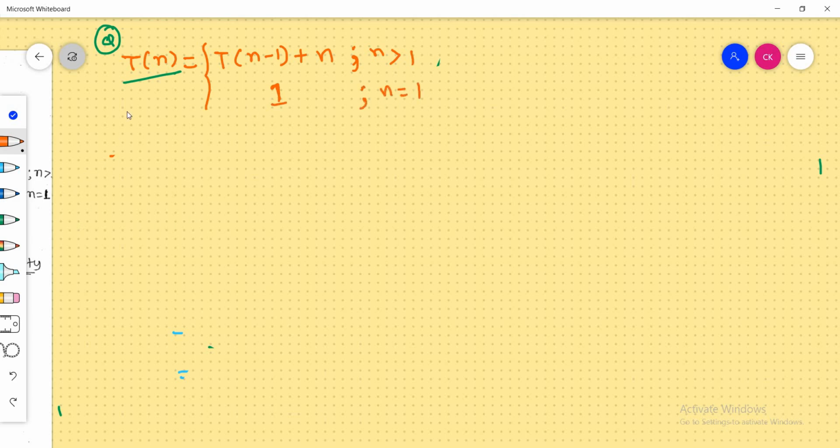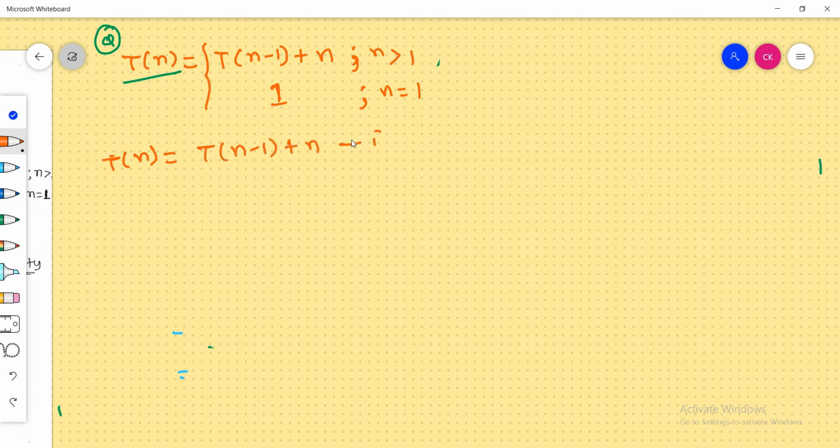So again the same procedure. This is the recurrence relation given, and you have to find the time complexity for this recurrence relation. So of course T of n is equal to T of n minus 1 plus n.